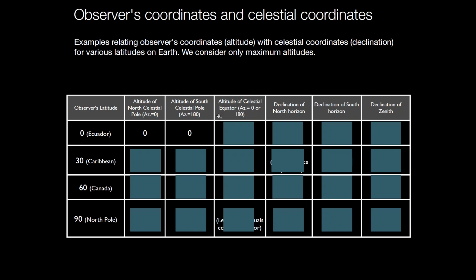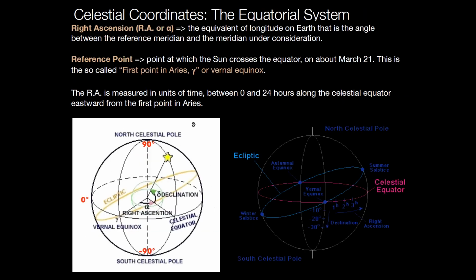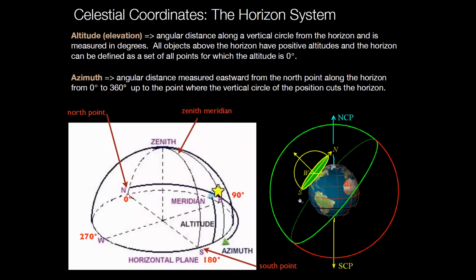Okay, so this is asking for the altitude of the celestial equator. Let's go back to our diagram. Imagine this rotated to the equator. The celestial equator is in this direction, and that arrow is pointing towards the zenith, i.e. the position above the observer's head.